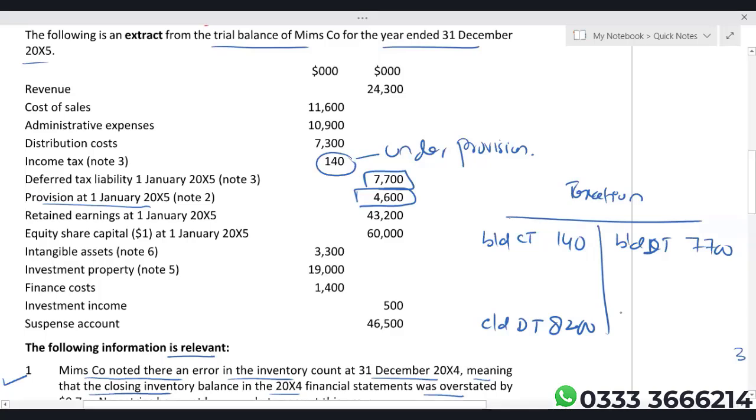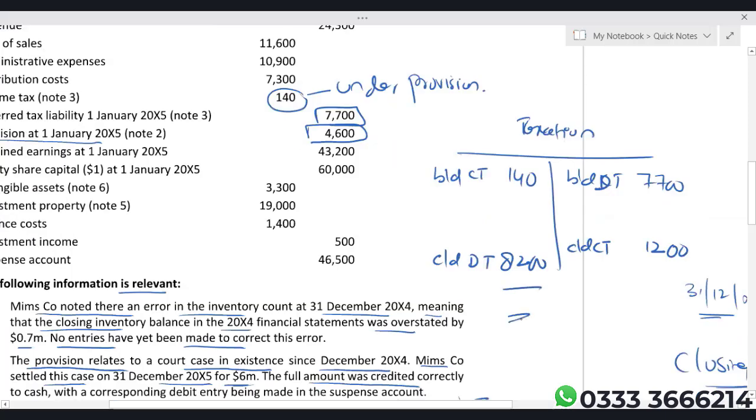If it is a refund, it will come here, which is 1,200. Normally, the current tax CD balance comes on the credit side, but this 1,200 is not a liability, it is a refundable asset. That is why it is coming on the debit side. I'm getting 8,900. So it has to be 8,900 also.